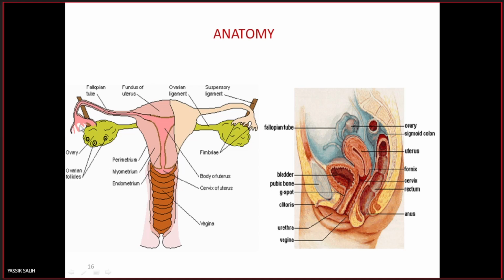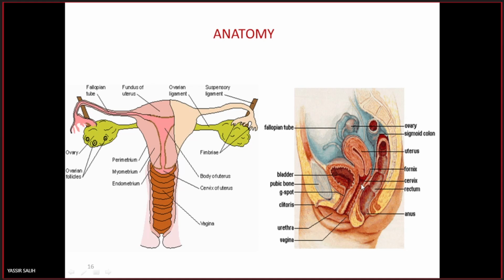The end is free, open into the peritoneal cavity. لاحظ إن the distal end of the fallopian tube, this side or this point, is open into the peritoneal cavity, and also this is the distal part of the fallopian tube. This helps us in understanding of the hysterosalpingiography. This is the vagina, and this is the cervix, and this is the body of the uterus.